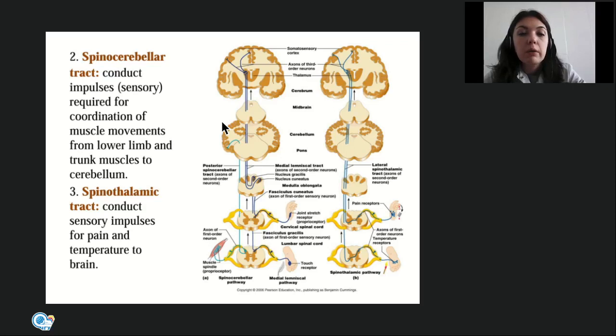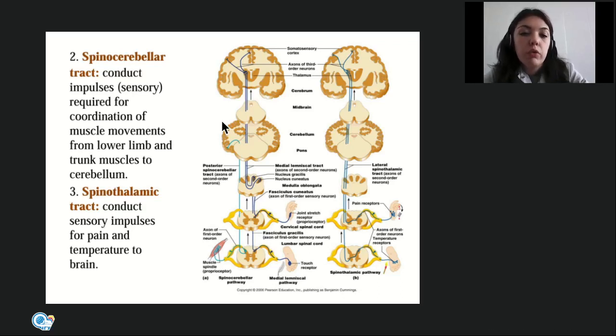Okay, spinothalamic tracts, they are exteroceptive. There are two of them, lateral and anterior spinothalamic. The lateral spinothalamic tract is responsible for pain and temperature, and the anterior spinothalamic tract carries impulses about touch and pressure. For them, the allocation of the neurons is the same.